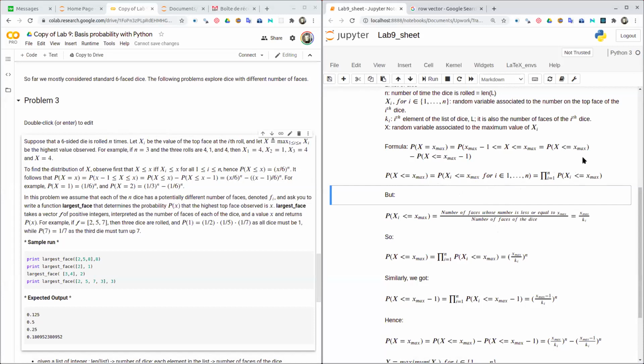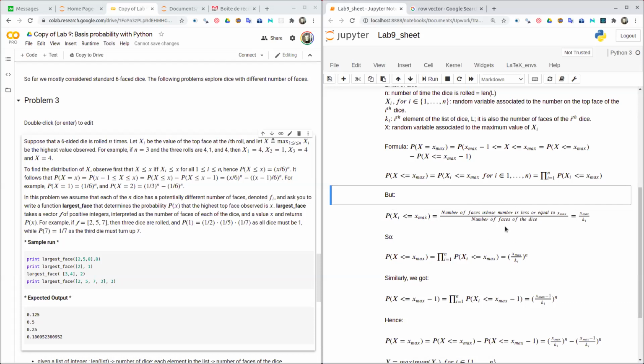Now, before computing the product of these probabilities, you should know how to compute each of them. So you take the probability that xi is less than or equal to x max. You count the number of cases where the number of the face is less than or equal to x max, and you divide by the number of faces that the die has.